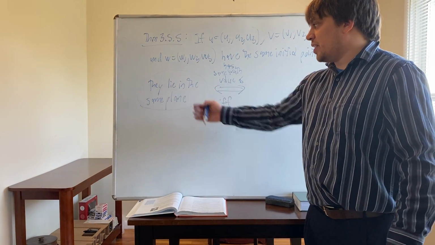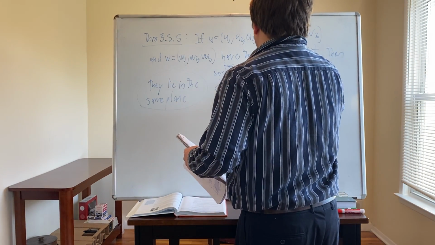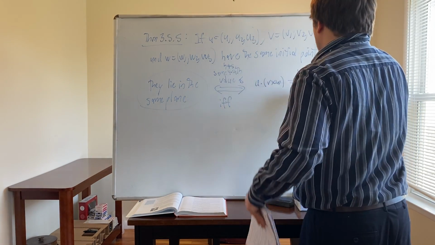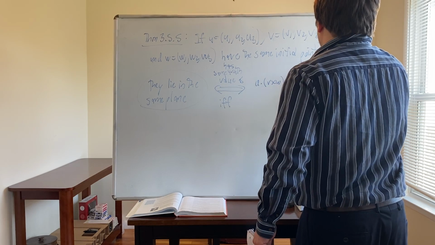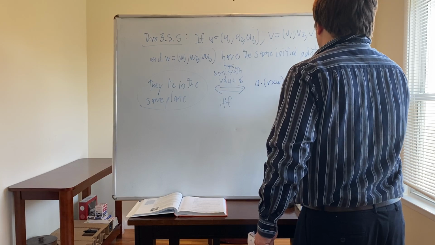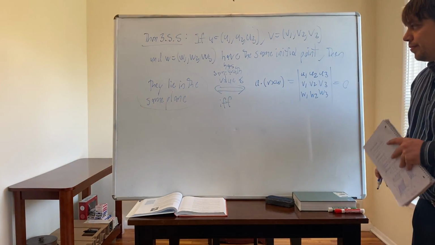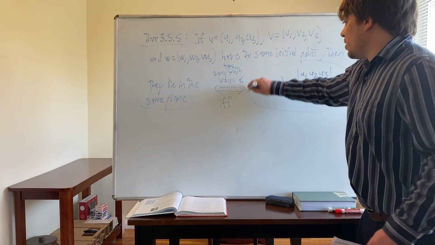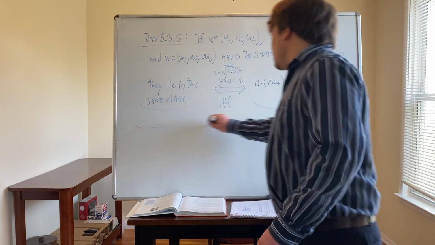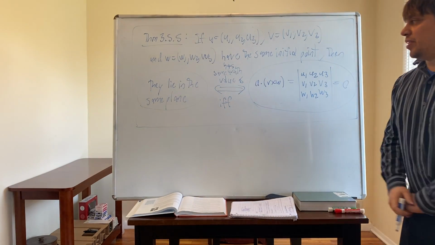So the statement they lie in the same plane has the same truth value as u dot v cross w is equal to, by definition of a scalar triple product between 3 vectors, 0. So I'm going to circle this, and this is a visual way of seeing the statement. And oftentimes it's easier to digest something if it's more visual.